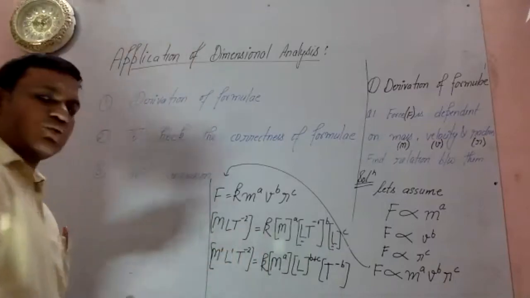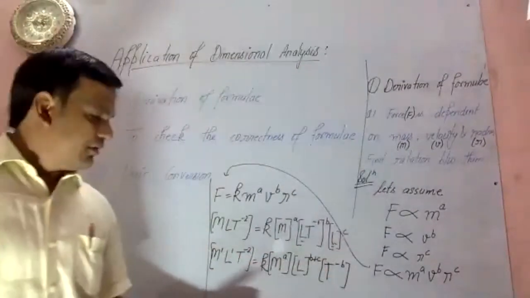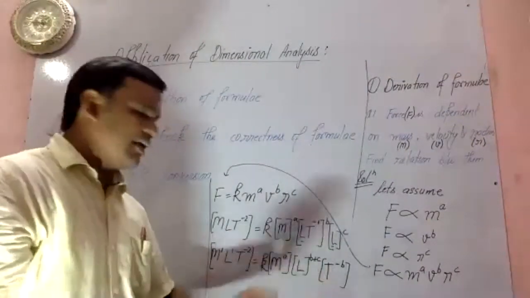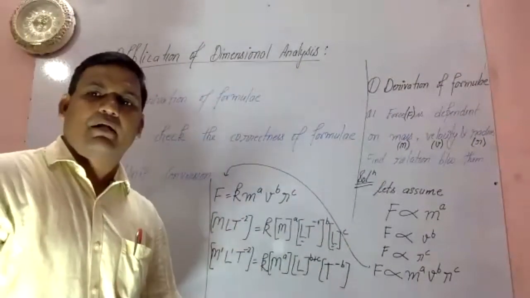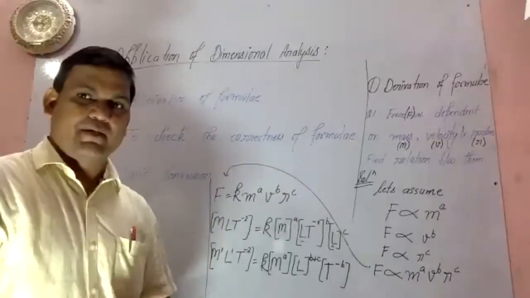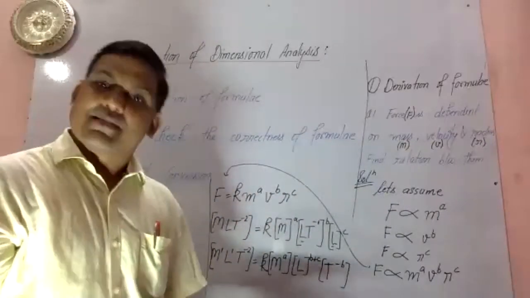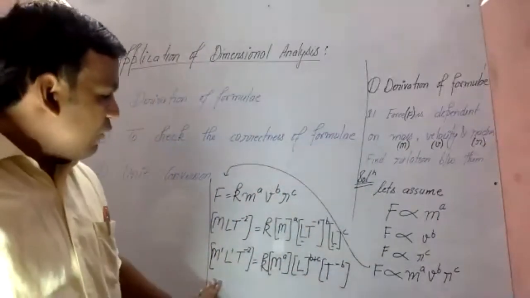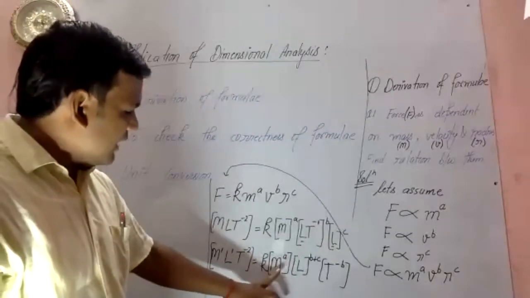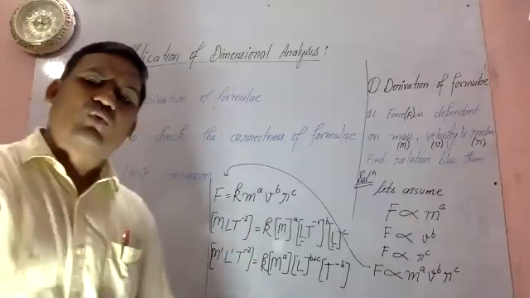So what you can do next from here, you can compare the left hand side to the right hand side. What can you compare? You can compare the powers whose bases are the same. Okay, so how can you compare? You can see from here, the M to the power is A and here the M to the power is 1.